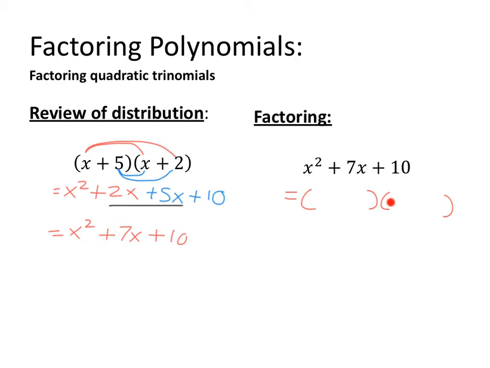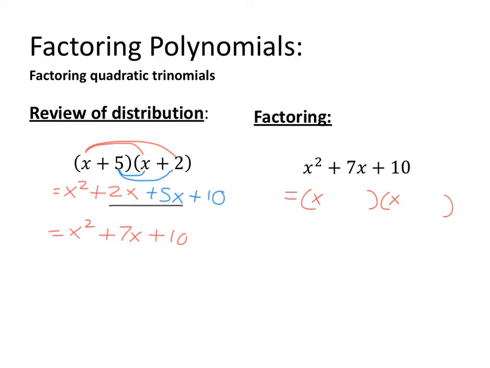If I look back at my distribution problem, I had an x and an x, where x times x gave me x squared. So I think of what times what equals that piece, and in our case it's just going to be x times x. So I'll have an x there and an x there.